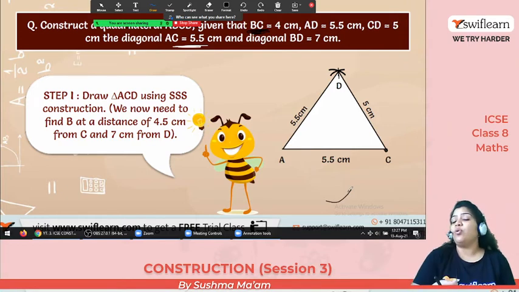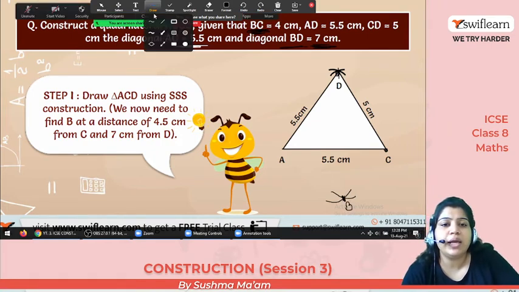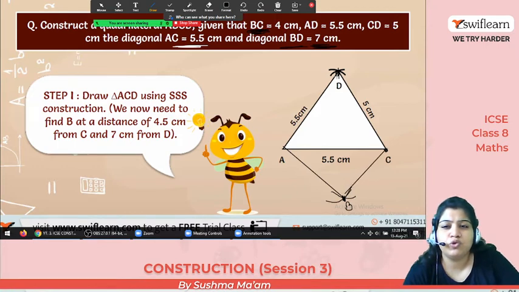So we don't know this B value. So what we will do? But we know this BD value. So D as a center and radius of 7 centimeter, we have to cut an arc over here. And this intersection point is known as B. Now with the help of a ruler, you can join these.